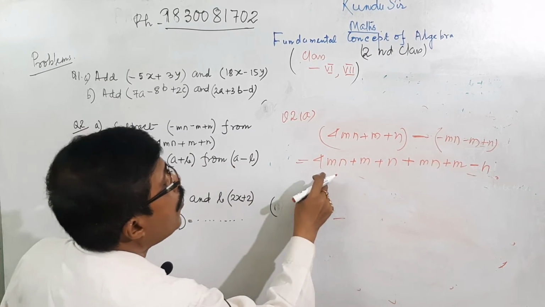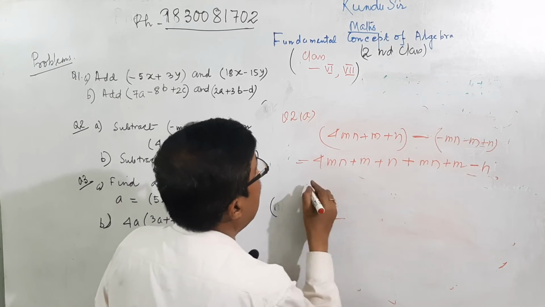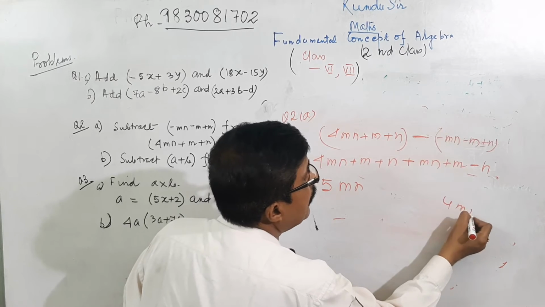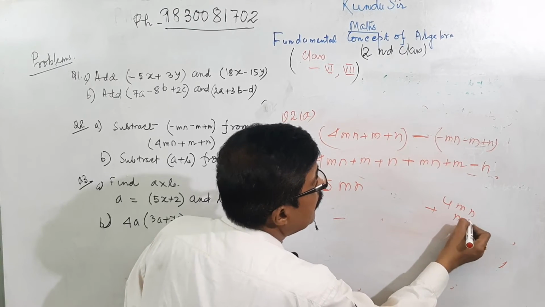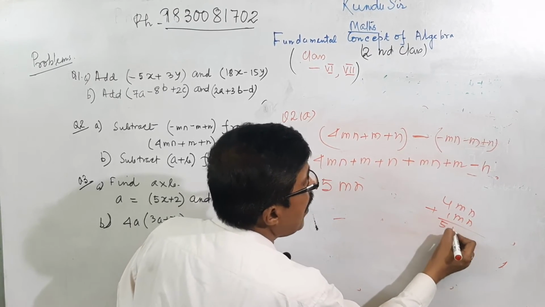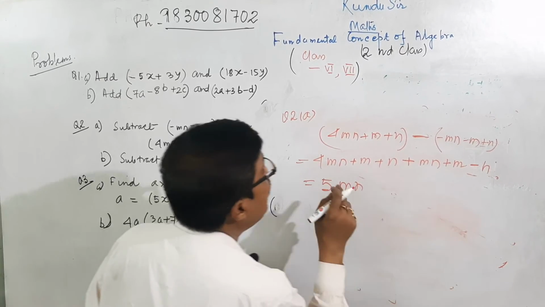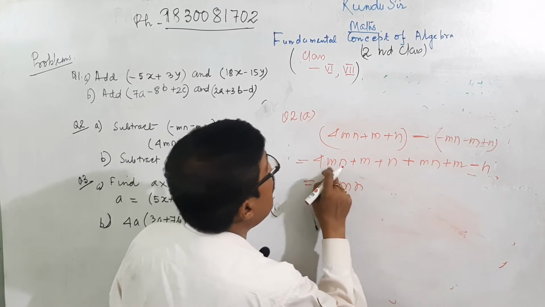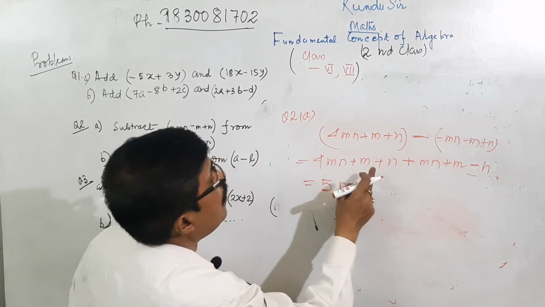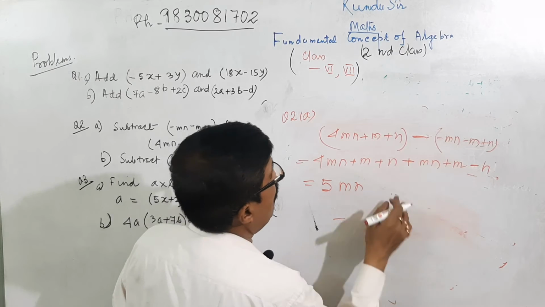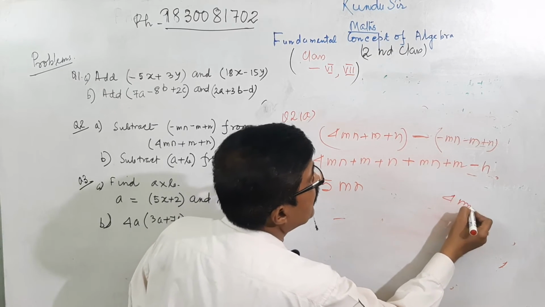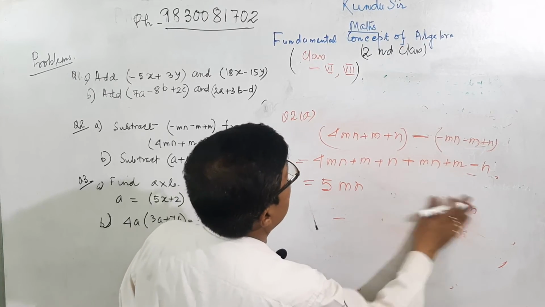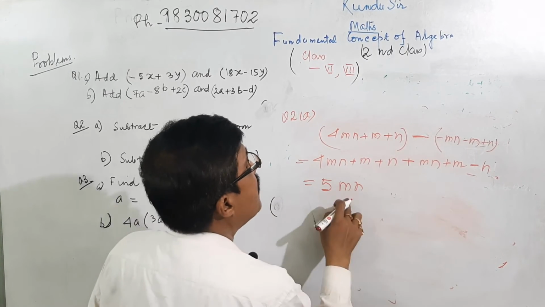So 4mn plus mn equals 5mn. Then 4mn plus mn, nothing else, then I have written 5mn here.